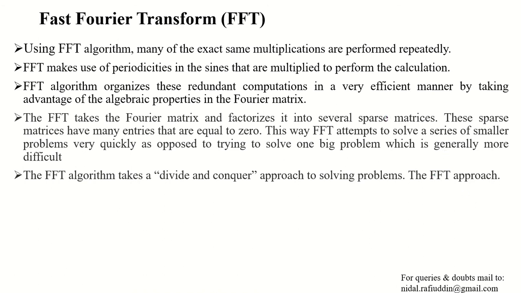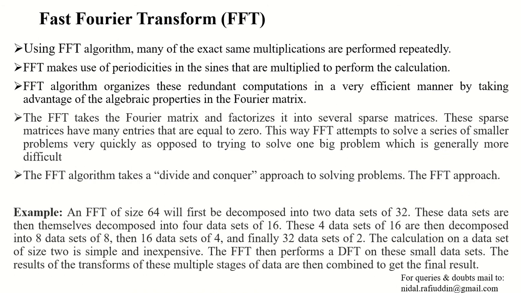For example, an FFT of size 64 will first be decomposed into two data sets of 32. These data sets are then themselves decomposed into four data sets of 16. These four data sets of 16 are then decomposed into 8 data sets of 8, then 16 data sets of 4, and finally 32 data sets of 2. This is what the elementary butterfly looks like.